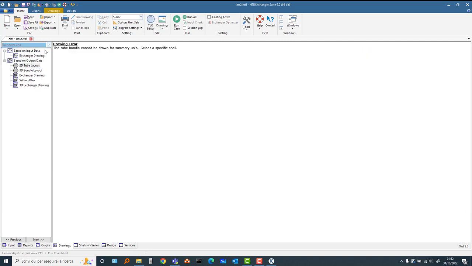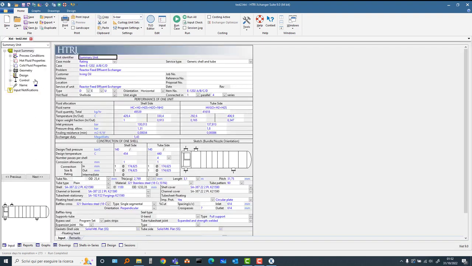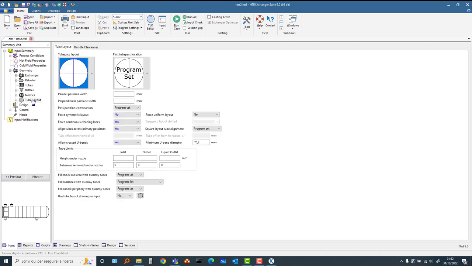Let's come back to the summary unit and then look at the input. In the input geometry, the tube layout is here. Let's see the parameters. So it's a 4-pass U-tube, so it's normal to have the arrangement like that. You have then other characteristics that have been given. Force symmetric layout, no, it's not necessary.